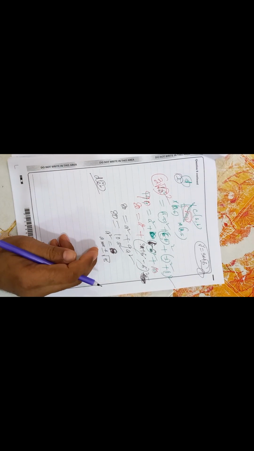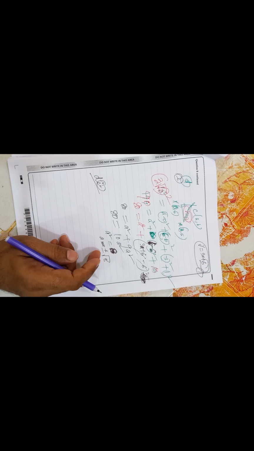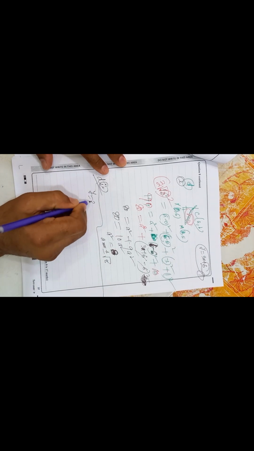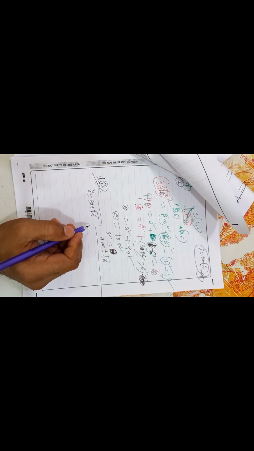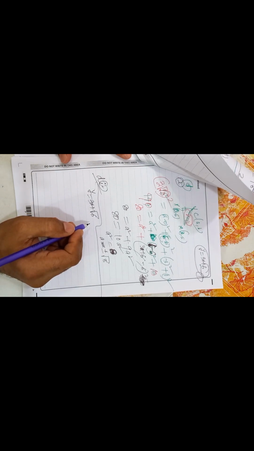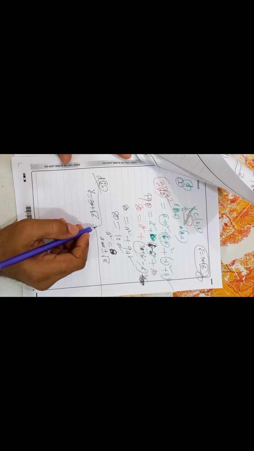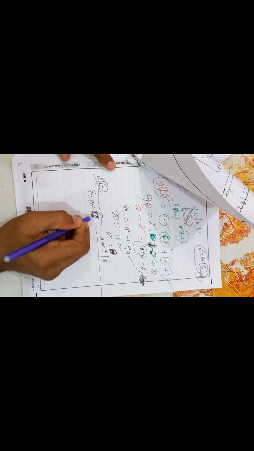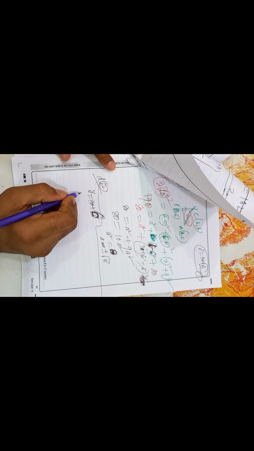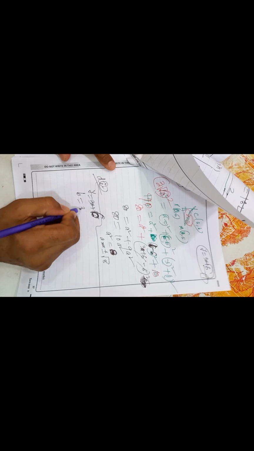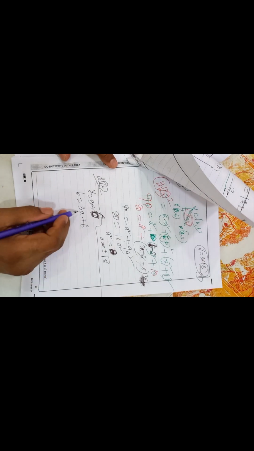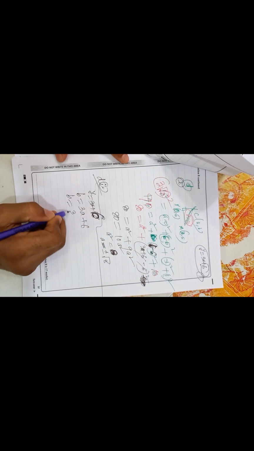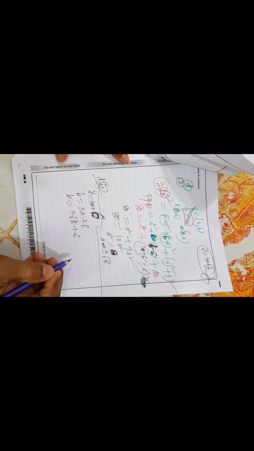How can you get the value of P? This a value we substitute in another equation. A is x and b is y. Another equation was y equals 3x plus 6. So y means b, 3x means 3a, plus 6. So b equals 3 times root 8 plus 6.